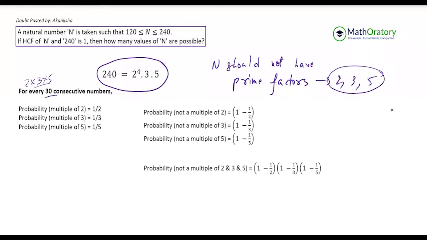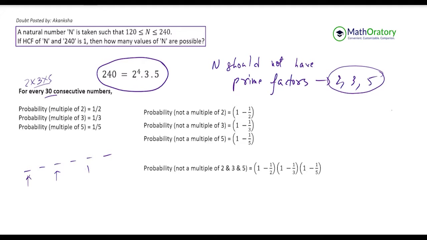So if you consider any 30 consecutive numbers, every second number will be a multiple of 2. If I consider, let's say, 6 numbers, 6 is also a multiple of 2. Every second number is a multiple of 2. What I mean is, it could be that this and this are multiples of 2, or it could very well be this and this.